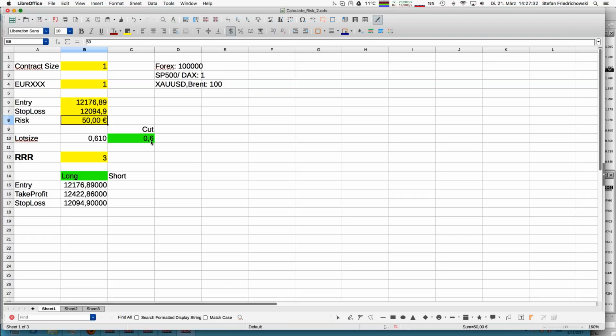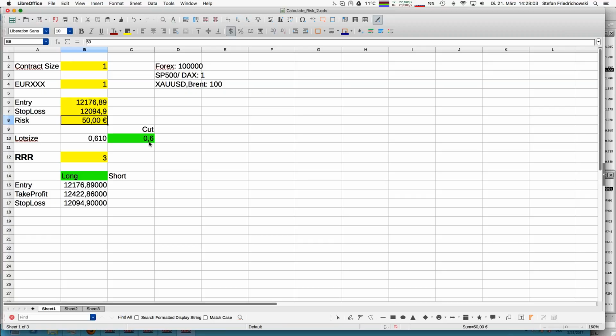Okay, now we have a problem. And what's the problem? We can only trade complete lots. So in this case, we can either not open the trade, or we would place an order with 1 lot, but then the final risk will be a little bit higher.